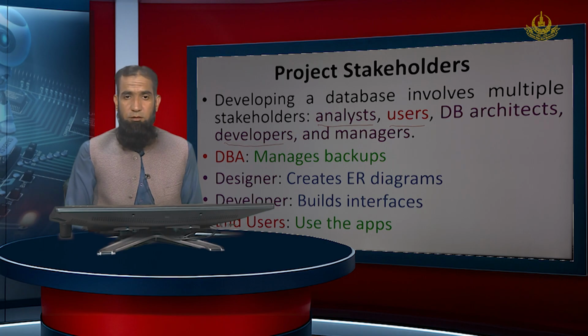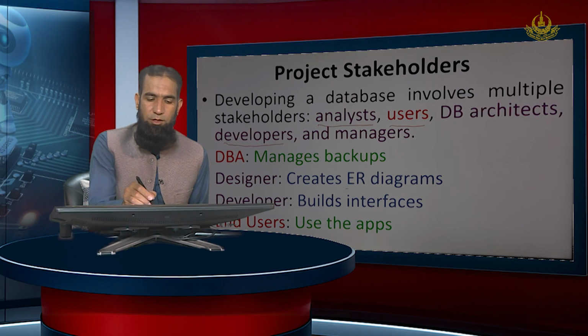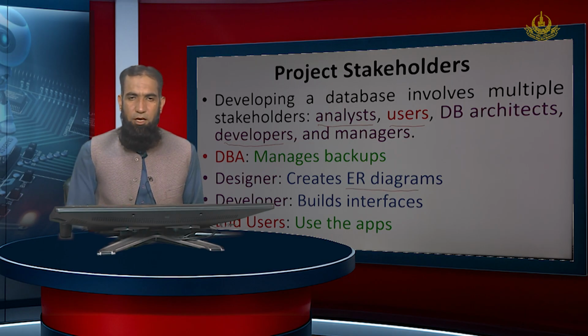In the case of databases, we design databases through entity relationship diagrams. Entities are basically the tables. The entities are those elements about which we are going to store data.